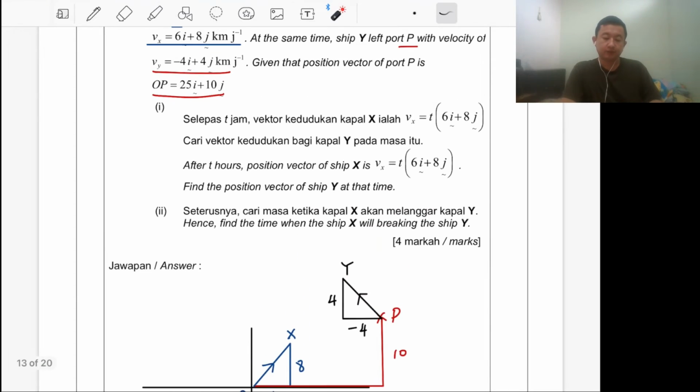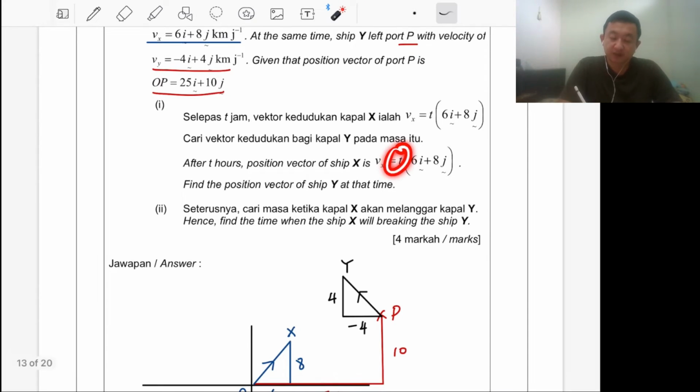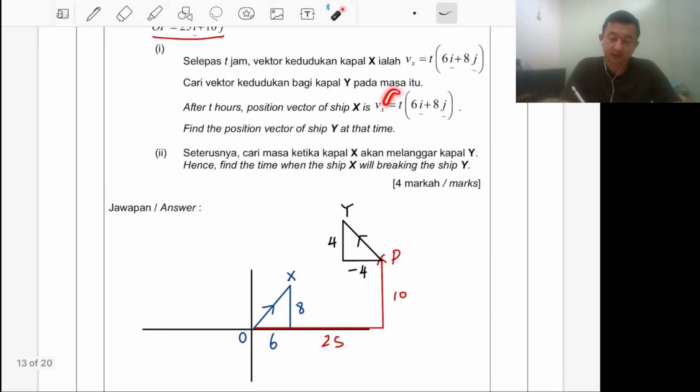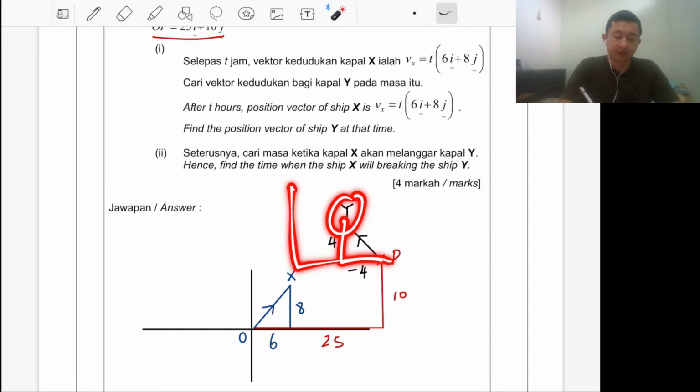After t hours, at a fixed ratio, the position of ship X is times t, of course, right? Times t, and then find the position of Y at that time. So you have to find the position; Y might not be here anymore, because you see negative 4 plus 4, negative 8 plus 8, negative 16 plus 16.